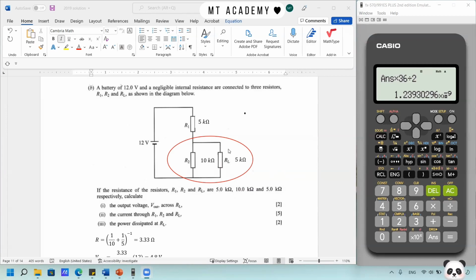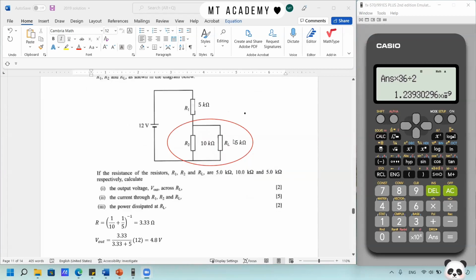In SPM, we learn how to do it, but in Form 6, you learn how to use the potential divider, which is a much faster way. First, we need to find the equivalent resistance of the parallel 10 kilo ohm and 5 kilo ohm. Just apply the formula and you will get 3.33 kilo ohm.